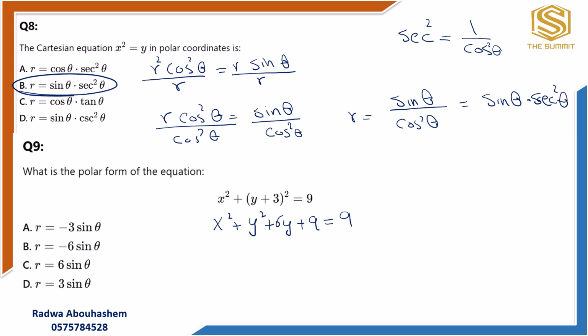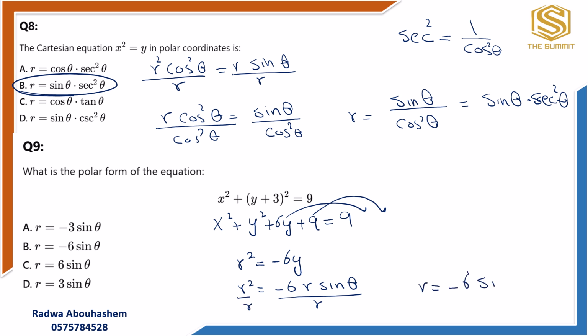So here, we know that x power 2 plus y power 2 is r power 2, right? So r power 2, and y equals r sine theta. So r squared equals negative 6 r sine theta. We need to isolate the r, so this means I have to divide by r. So r equals negative 6 sine theta.